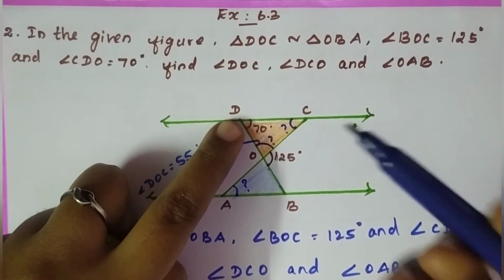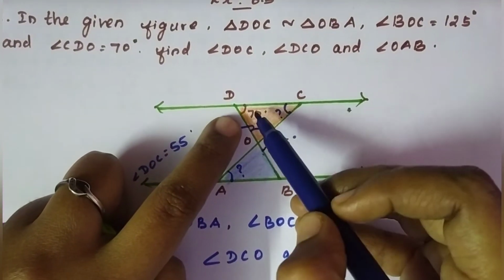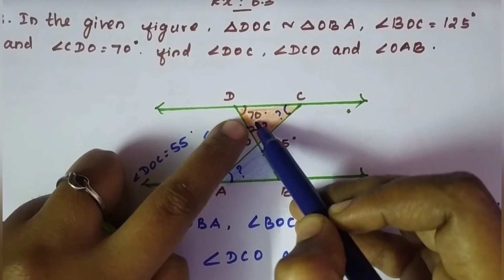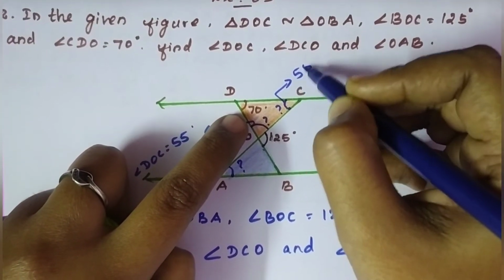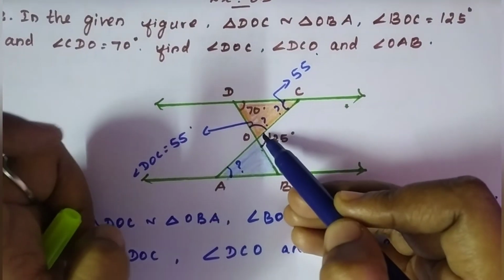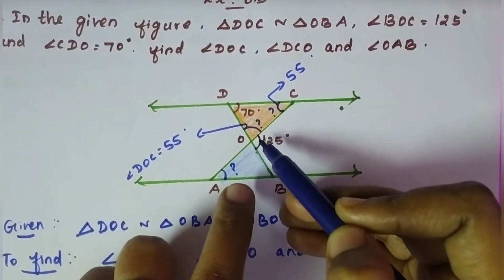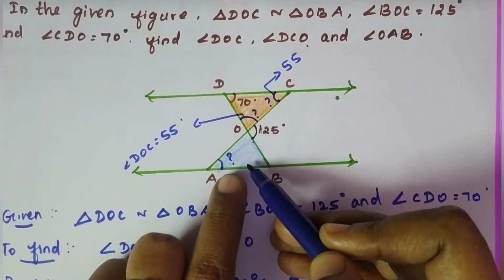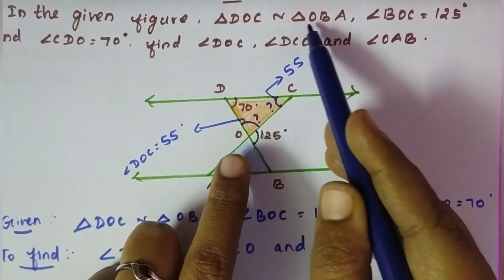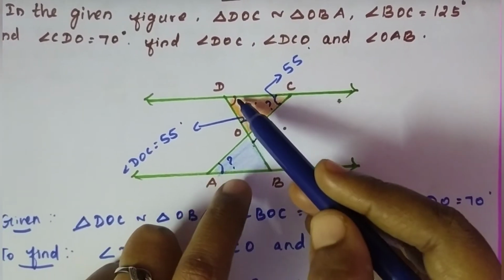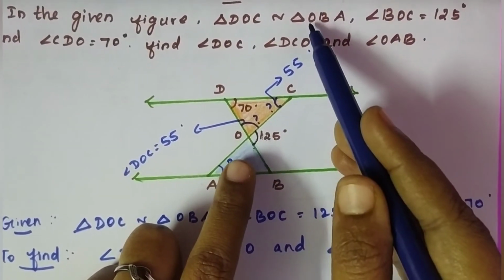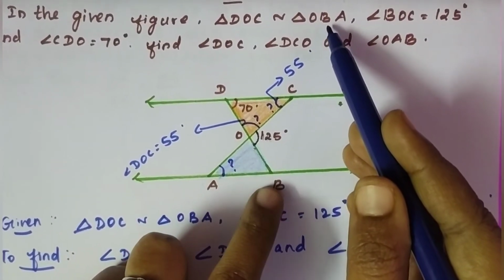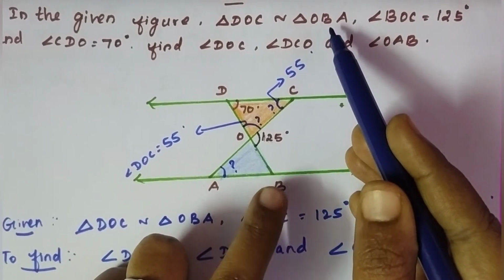Clear? So the triangle starts with 70 degree and this is 55 degree. Just now we found 55 degree and this one is also 55 degree. Here the triangles are similar, so D corresponds with O. D, O. This is 70 degree. Next B.